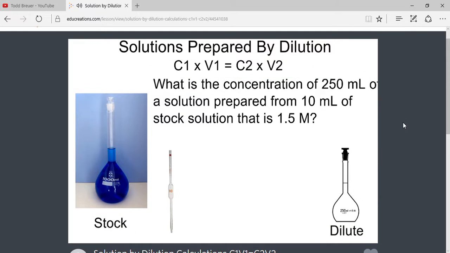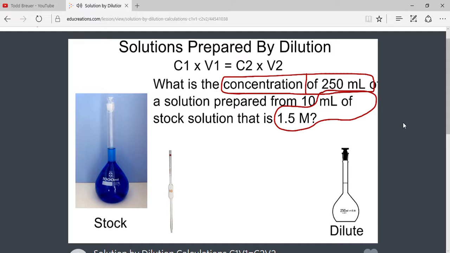When reading carefully, it asks what is the concentration of 250 milliliters. This is a pair, a C and a V. In this case, the C, or concentration, is unknown, but the V is known. Reading further, we see another pair, 10 milliliters of 1.5 molar solution.